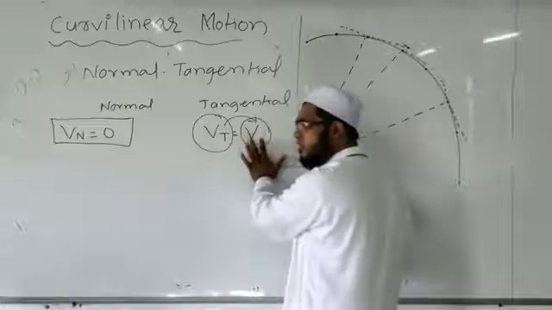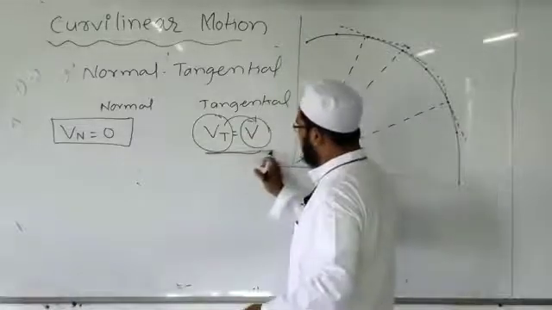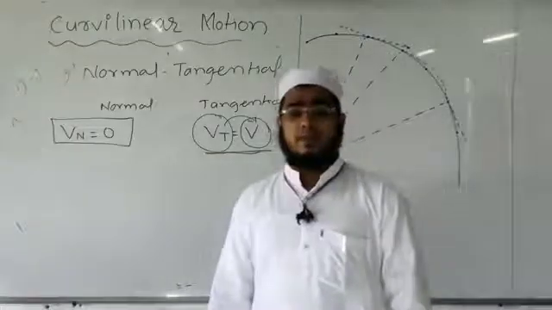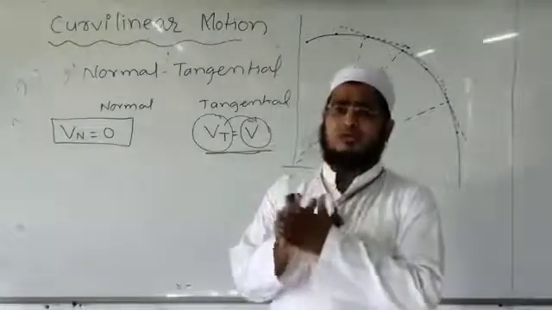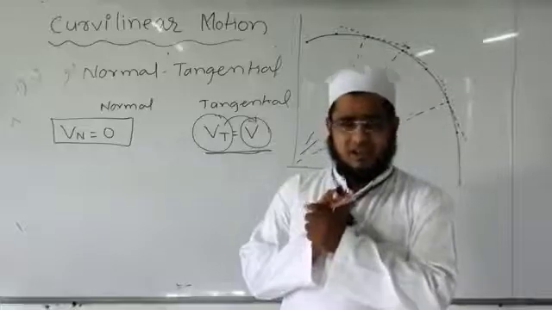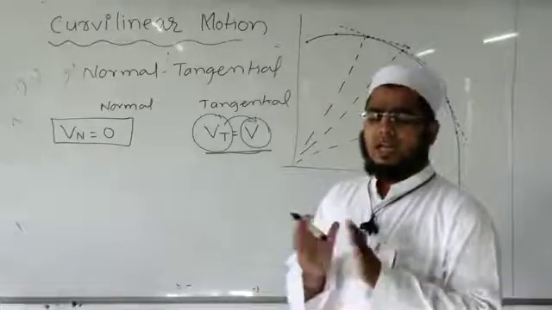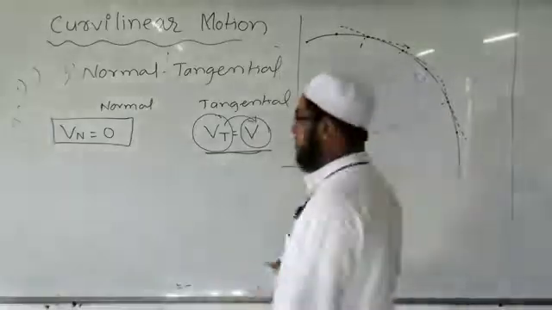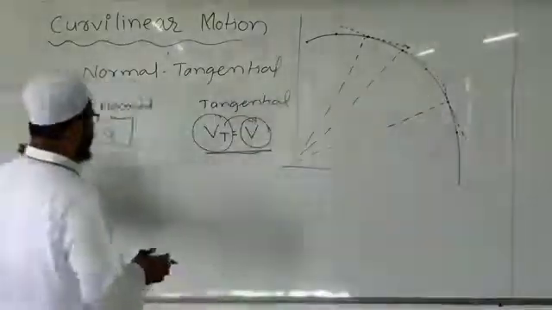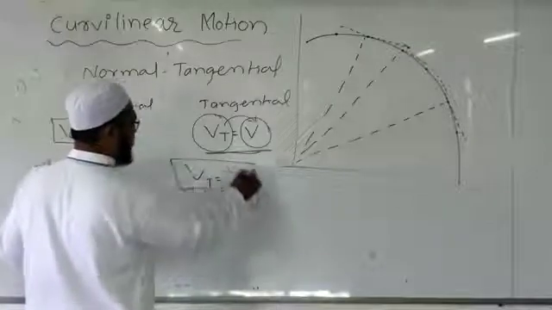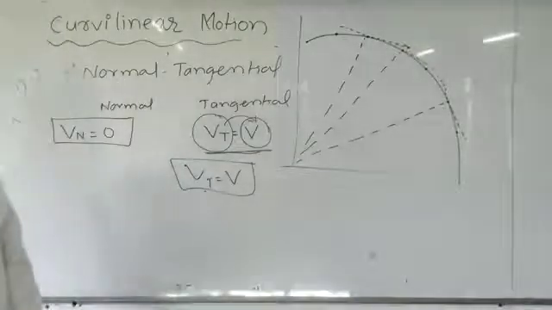The velocity is always equal to the tangential velocity, because in the normal tangential component system there is no displacement in the normal direction. That's why the component of the velocity in the normal direction is always zero. vt equals v and vn equals 0.